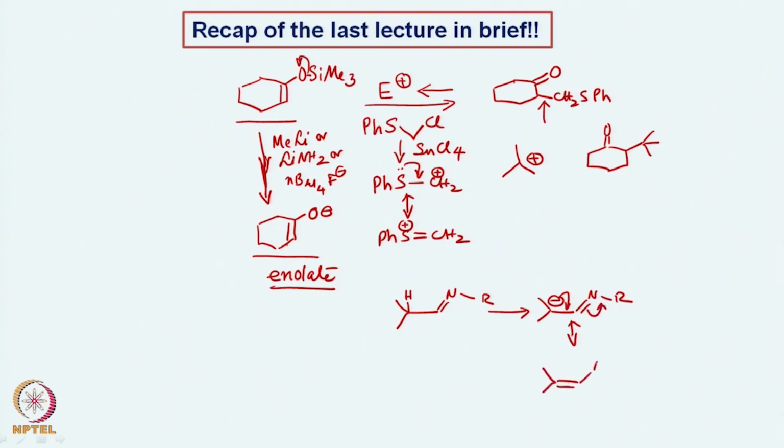What it indicates is that the M plus, which is going to come from the base, has to be here as a counter cation. This counter cation will remain close to the negative charge on the nitrogen because it is more electronegative, and this allows the C-C bond formation to take place.